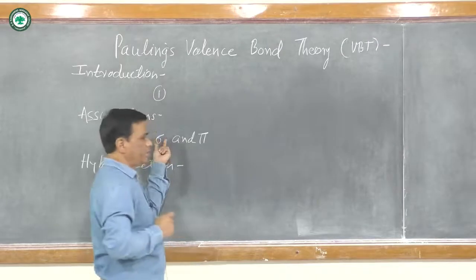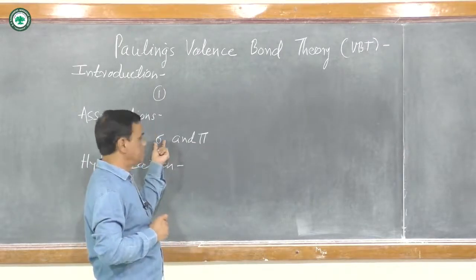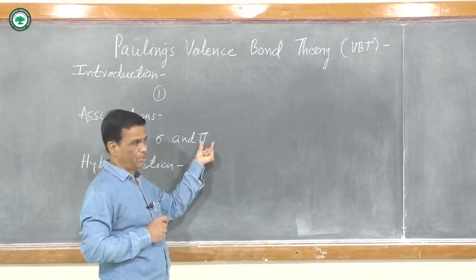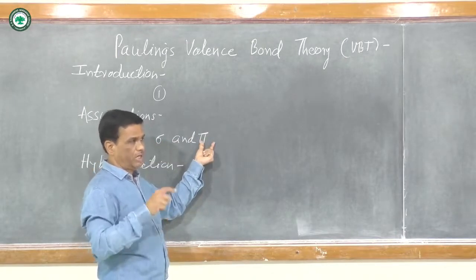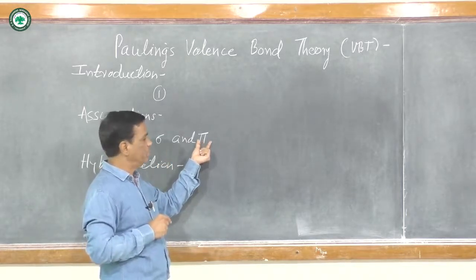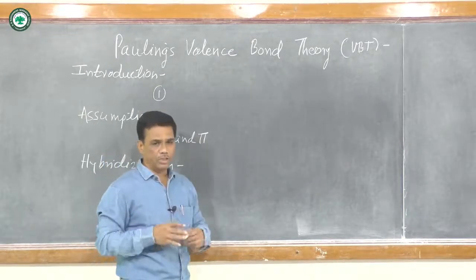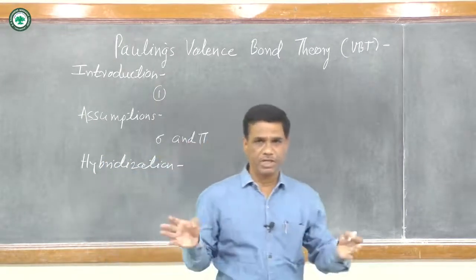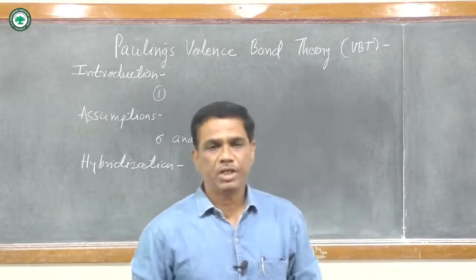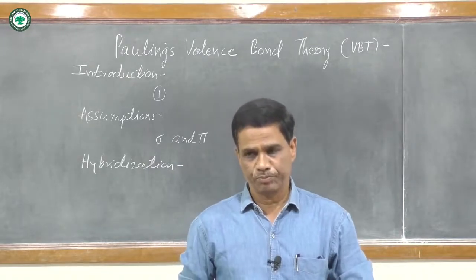Here the sigma bond is a stronger bond as compared to the pi bond. The reason is that in a sigma bond there is maximum overlap, and in a pi bond the overlapping is divided into two regions, one above the axis and the second below the axis. When such overlapping occurs, the electron density is divided into two regions, and maximum overlapping is not there.